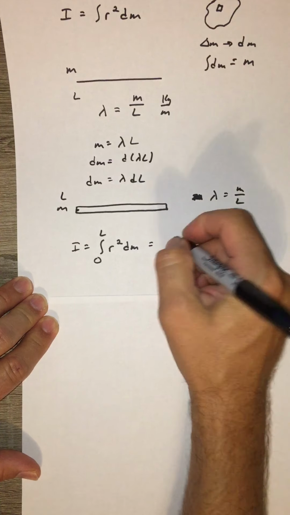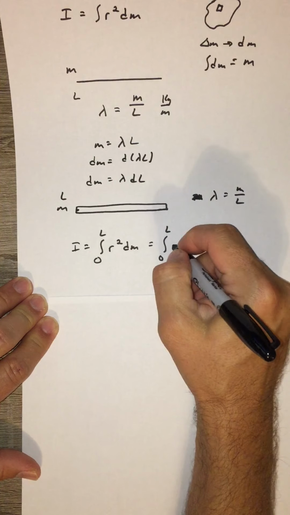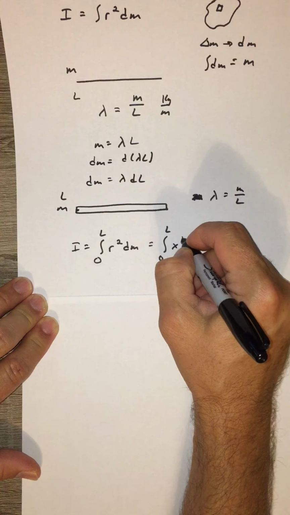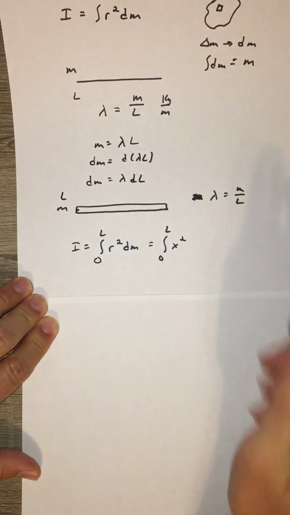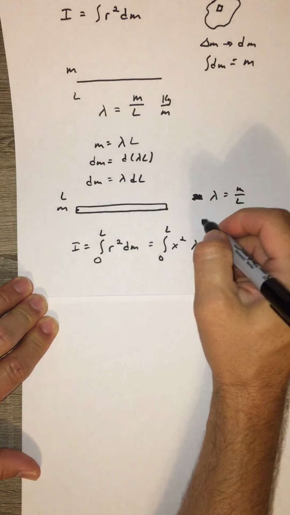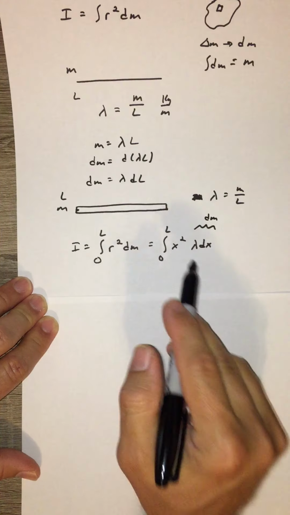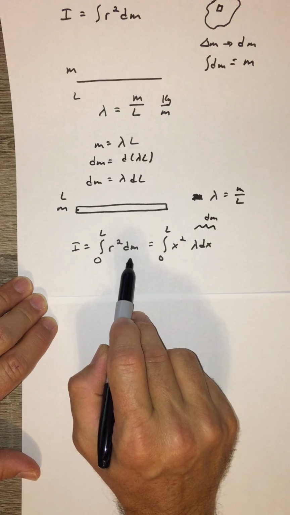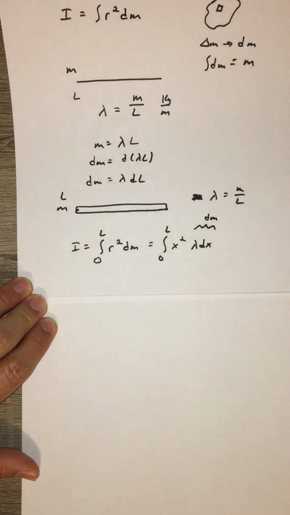So let me go ahead and make those changes, 0 to L, of instead of r, I'm going to write x, because that's the variable I want to use, x squared, times dm, but I'm going to write lambda dx for dm. That's my dm. So r squared dm, which is my general way of writing it, has become x squared lambda dx.